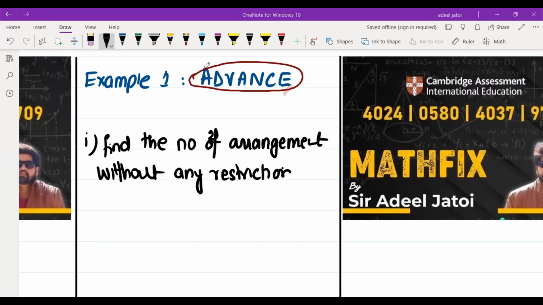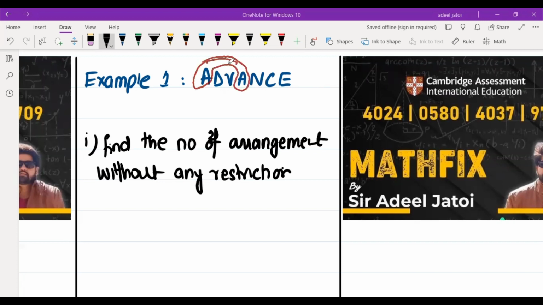Now, with this, we have 1, 2, 3, 4, 5, 6, 7 alphabets. Since we need the number of arrangements for 7 alphabets, we can use 7 factorial, because whenever we use arrangement, we use factorial. But if you see, there are two A's being repeated.